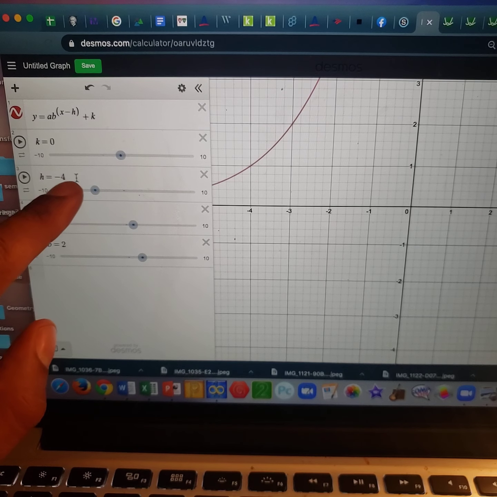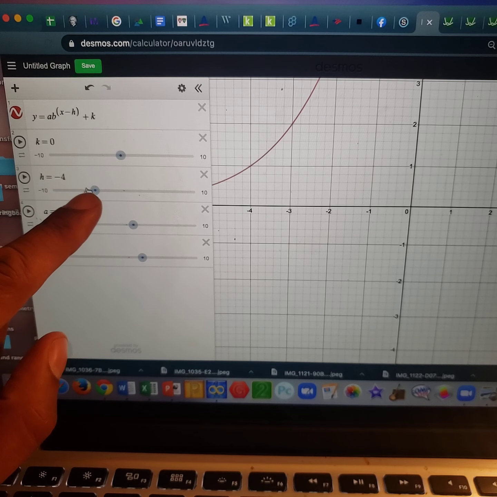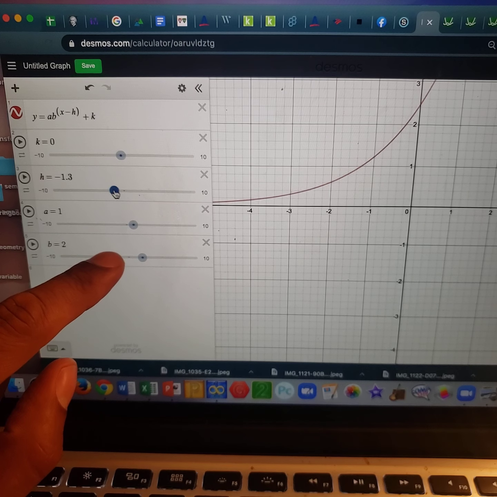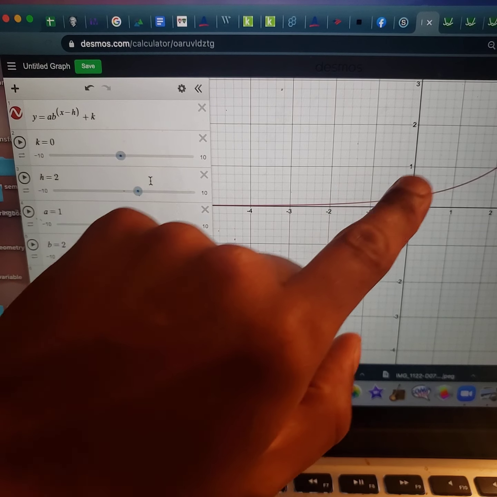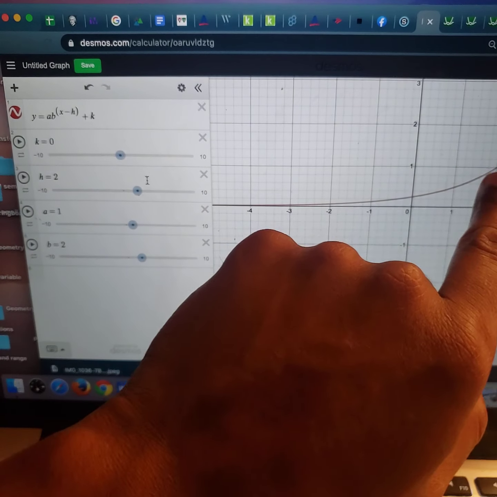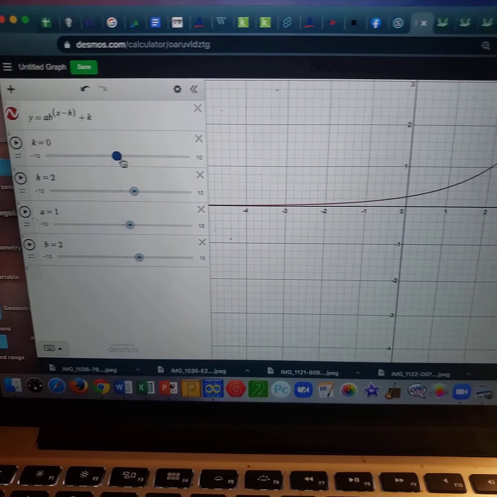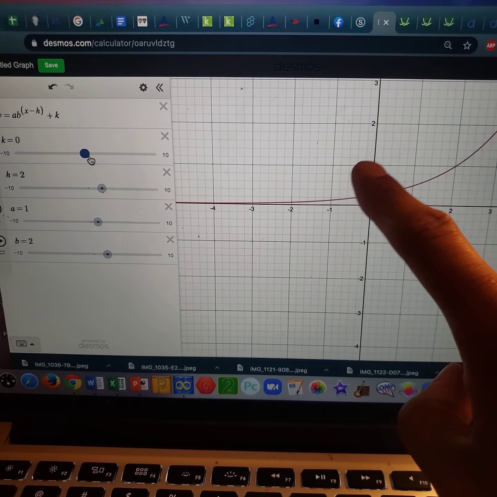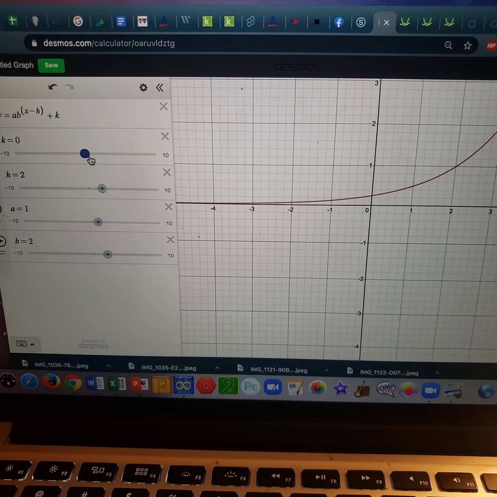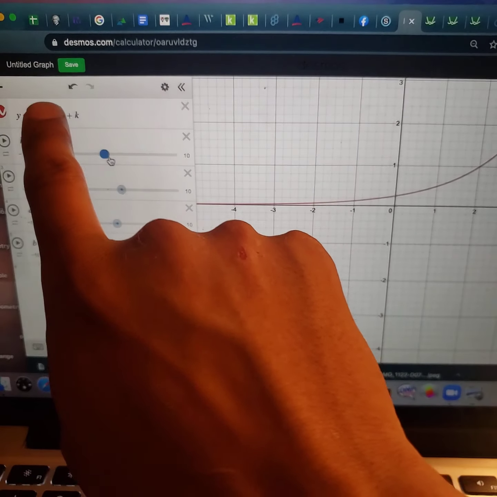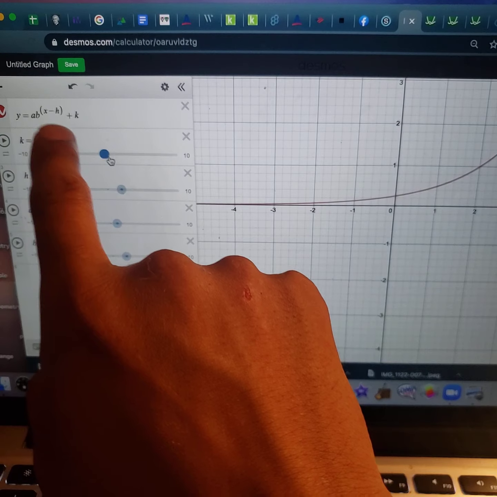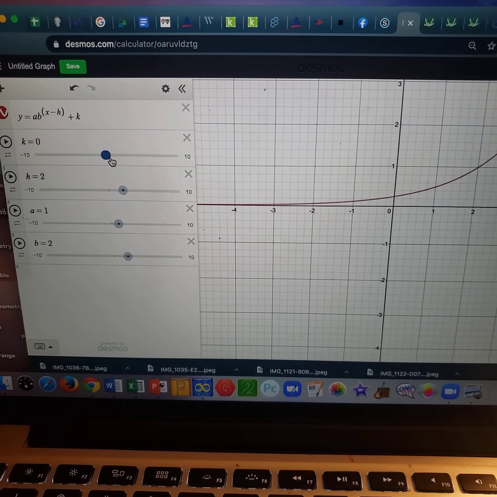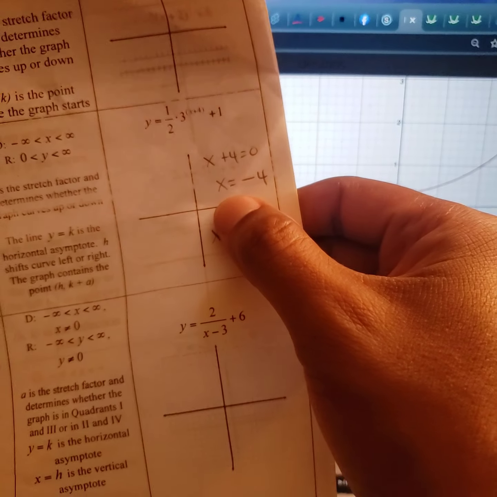So what if I were to make this, I don't know, say for example, 2. Make that 2. 1, 2. So it shifts over 2, so we can see that. Okay. So the h just moves it left or right, and the k moves it up or down. It's always the opposite of what's in the parenthesis, but what I like to do is kind of set it equal to 0 there.